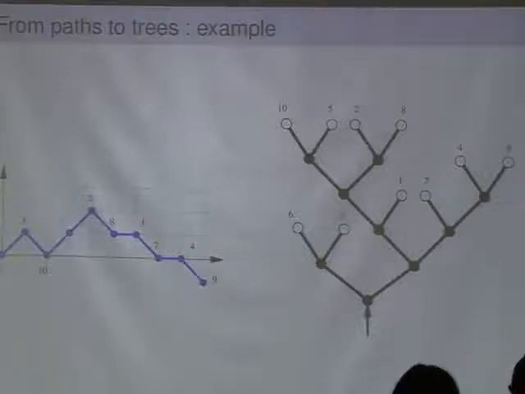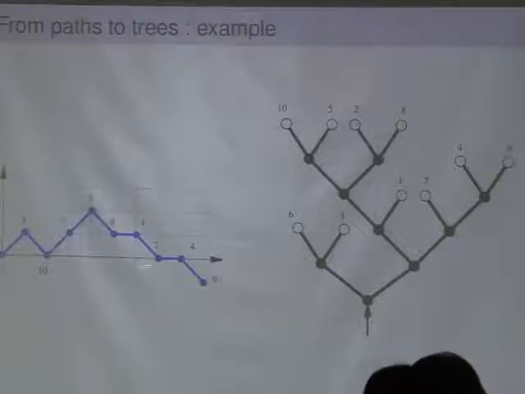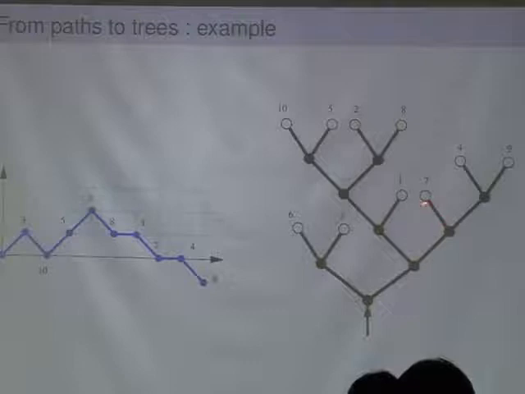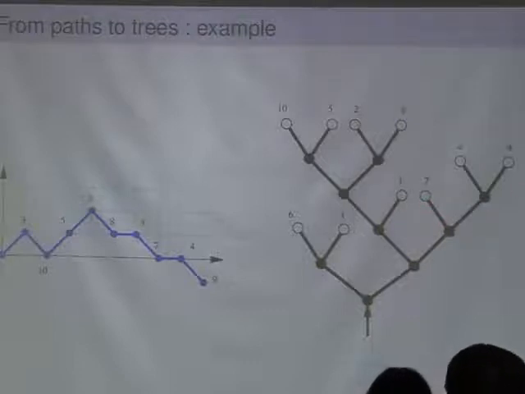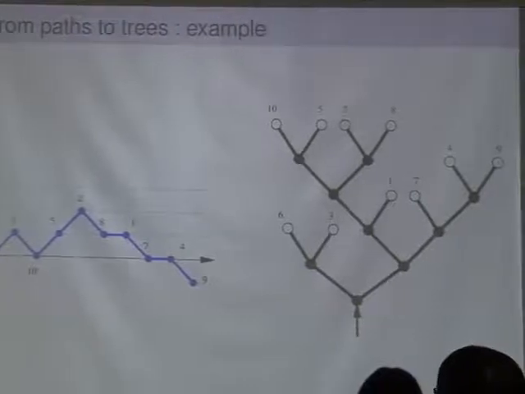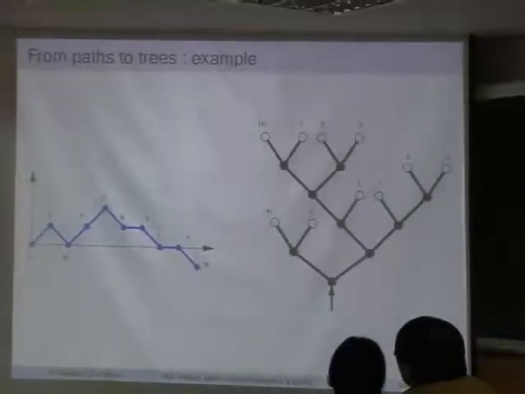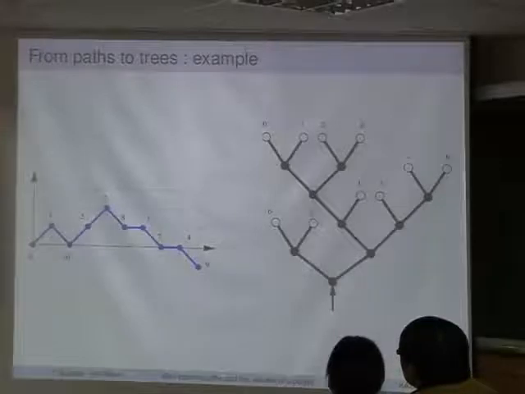Now the case of the horizontal step: if you start with the horizontal step, you will cut here. You will have 7 on one side, which will be a leaf, and 4, 9 on the other side. So here is a leaf 7, and here are 4 and 9. Okay? So you have to believe me, it's a real bijection. It's very easy to come back. You follow the same recursive decomposition to come back.